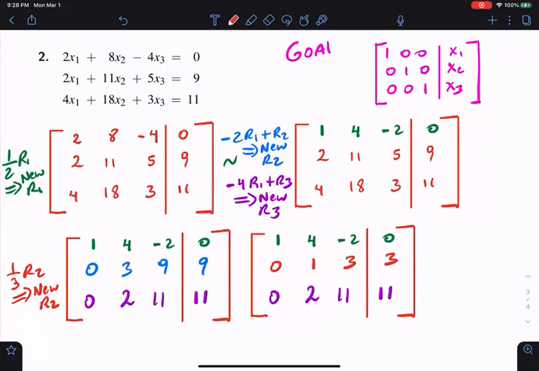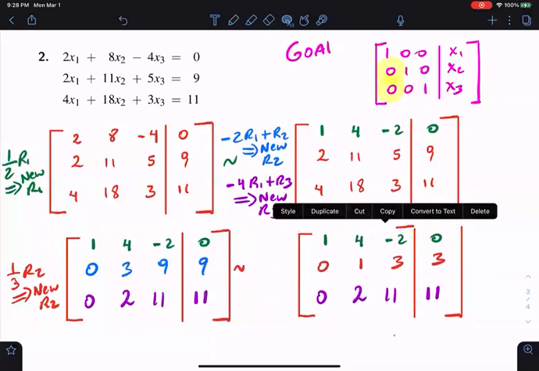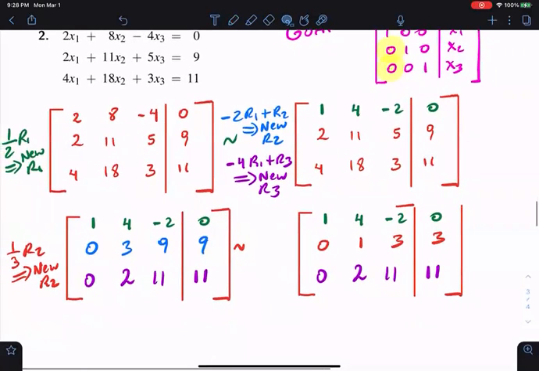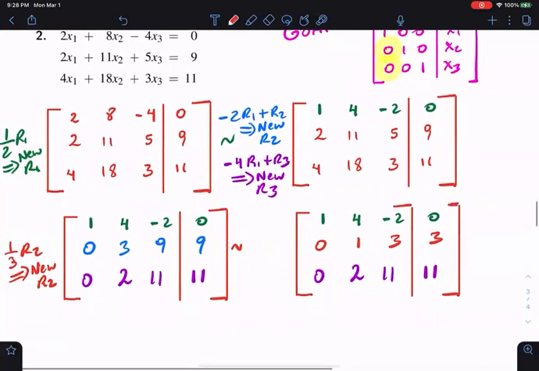Okay. So now we have, as I mentioned before, the goal, which is to have zeros below that 1 in the first entry, right? So we have zeros below that 1. So that goal has been achieved, right? Now what's next? What's next is, and remember these are equivalent expressions, right? What's next is to try to get rid of this guy.